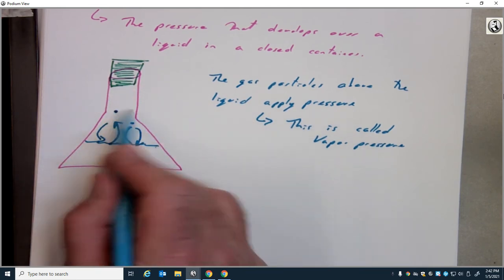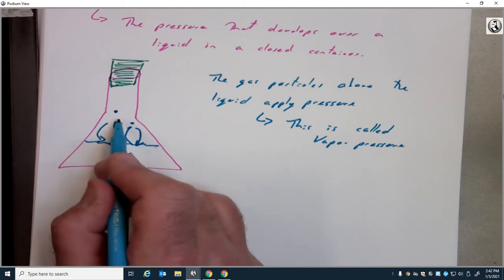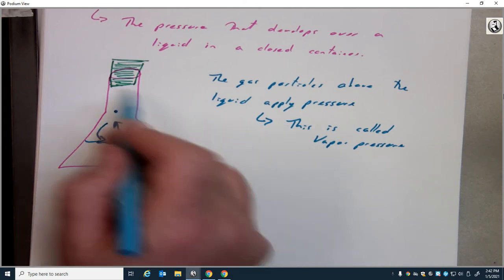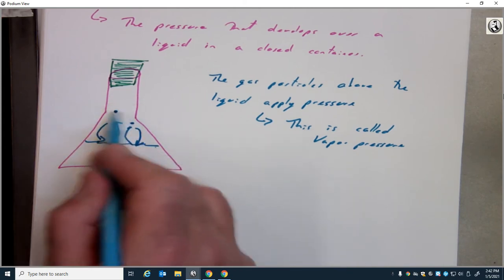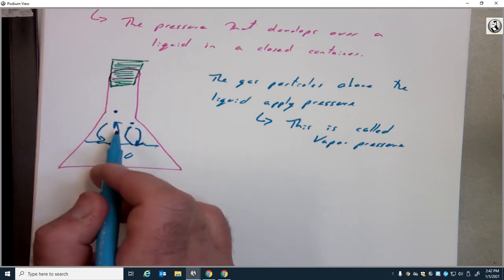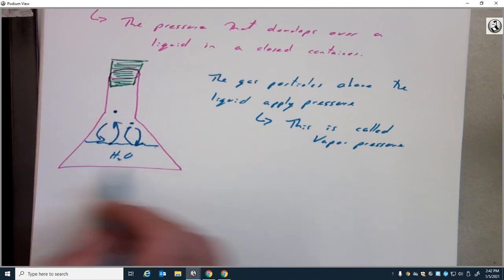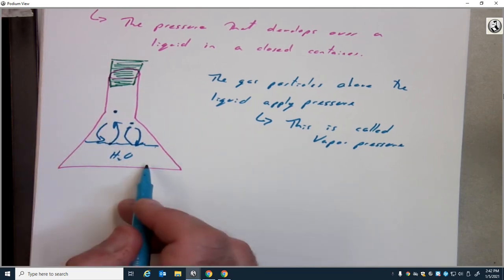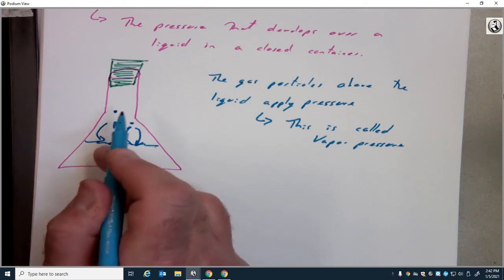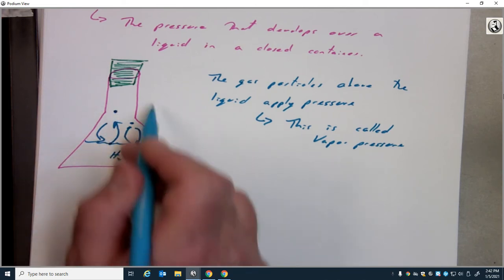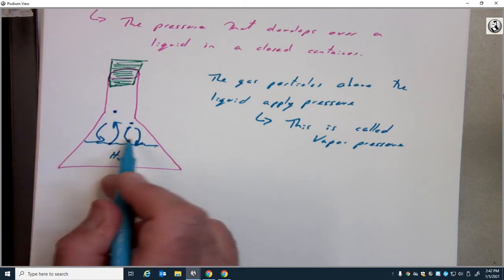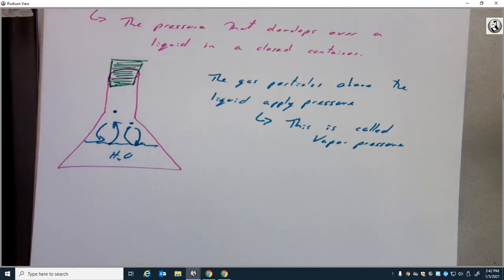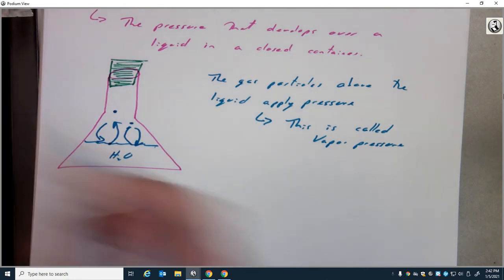These gas particles are vibrating, rotating, and translating faster. So not only do we have more gas particles, but those gas particles are applying more pressure. So as the temperature of this water increases, we get more gas particles, and those gas particles have more energy. So the vapor pressure that it produces increases. And that's a very important relationship.